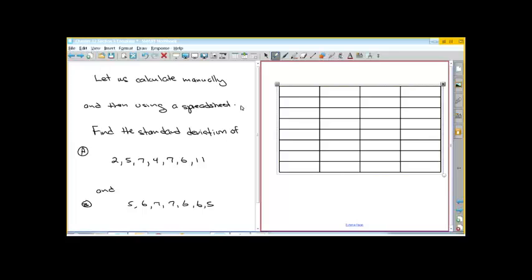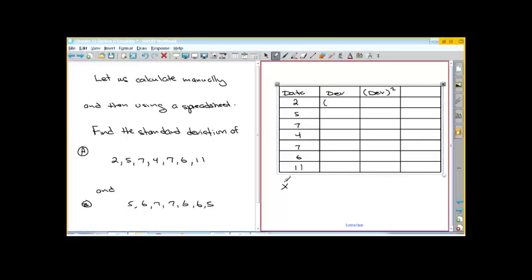Okay, so here's my table. This is my data. This is my deviation. This is my deviation squared. And I don't think I need this, so we'll leave that blank. So my data is going to be 2, 5, 7, 4, 7, 6, 11.